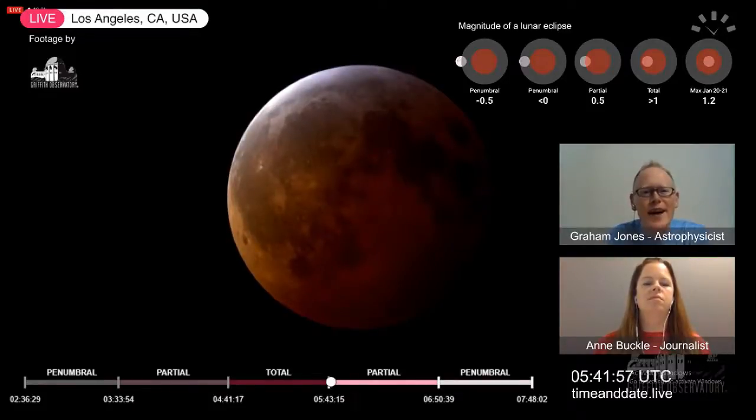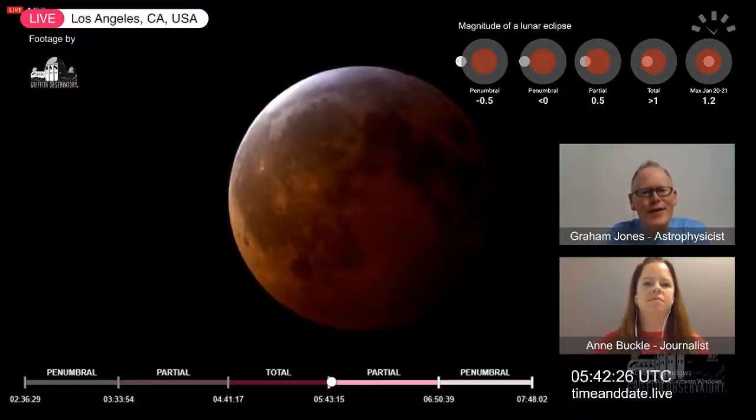We're back into another partial phase, and this means that we will see the moon start to move out of the umbra, move out of that dark part of the Earth's shadow, and that natural grey silvery color of the moon will start to be restored over the next hour or so as the moon moves completely out of the umbra.